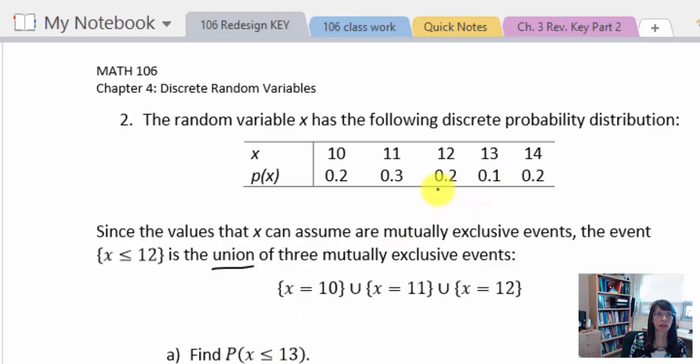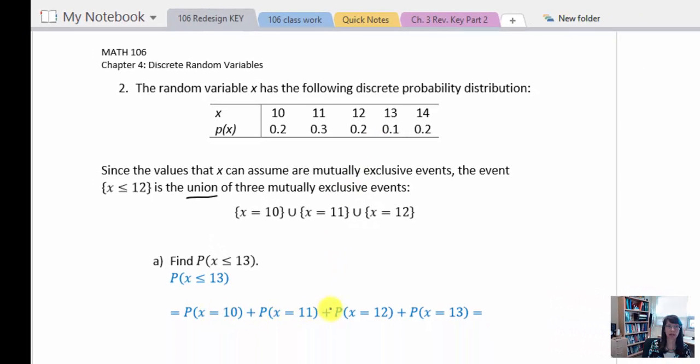So we're actually looking at the probability of 10 added to the probability of 11, added to the probability of 12, added to the probability of 13. So I've written out that statement. The actual probabilities involved are 0.2 plus 0.3 plus 0.2 plus 0.1, and that total is 0.8.